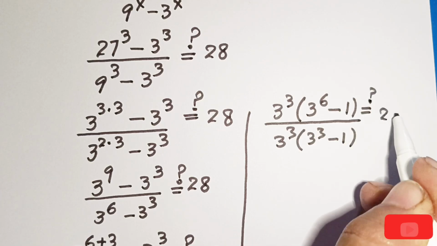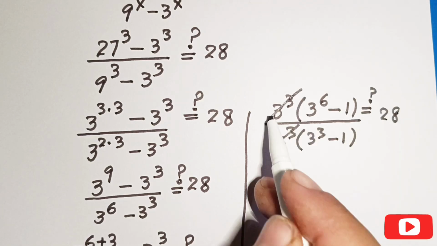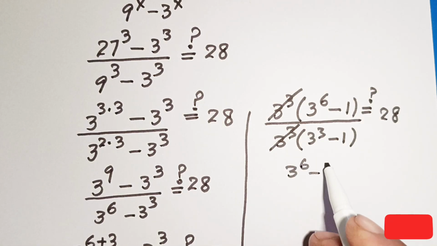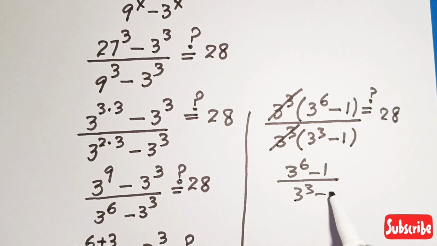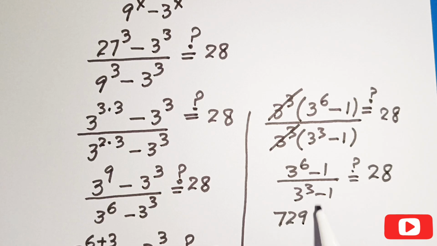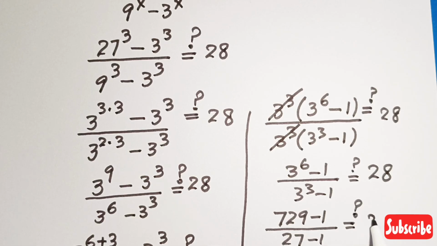Now this 3 cubed cancels out, then we have (3 to the power 6 minus 1) over (3 cubed minus 1). Now we know that 3 to the power 6 is equal to 729, minus 1, divided by 3 cubed, which is 27, minus 1. Is it equal to 28?